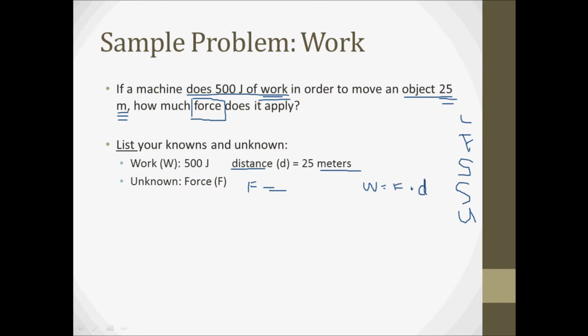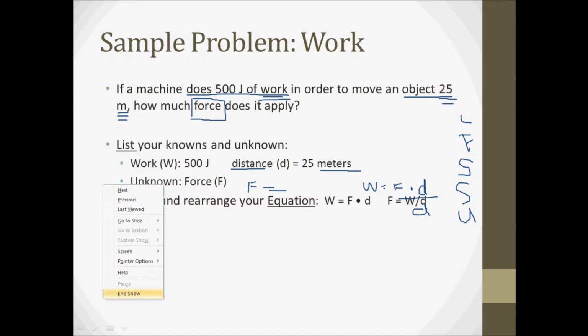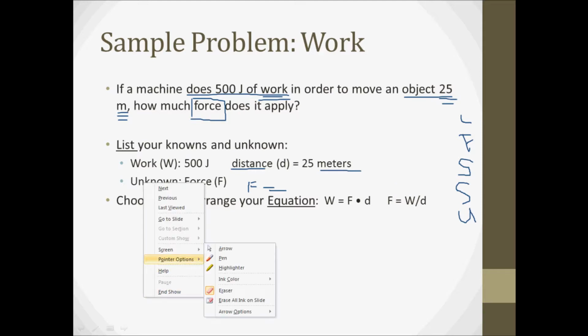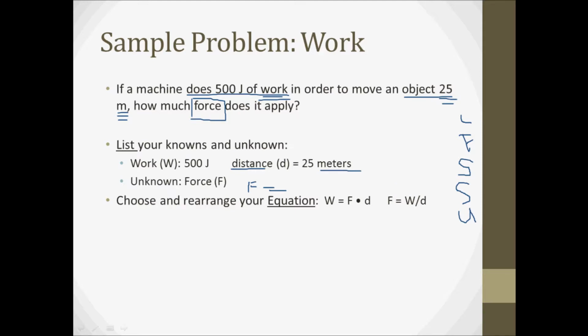If we want to get force all by itself, we have to get rid of that D. So our equation is that one right there. Let me get these numbers out of here. We're going to use this one.